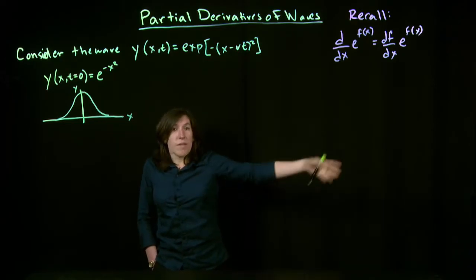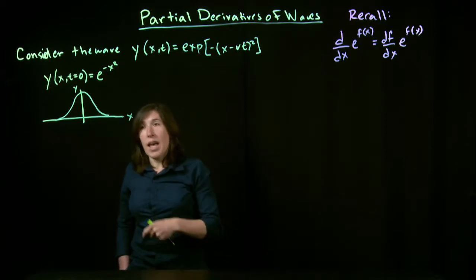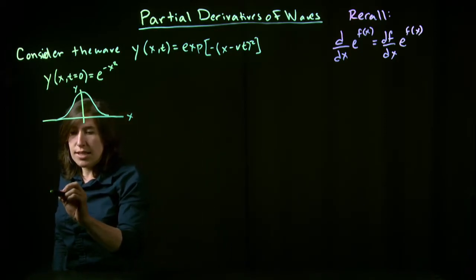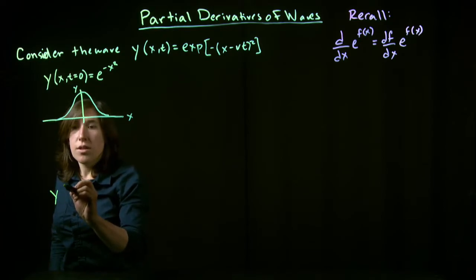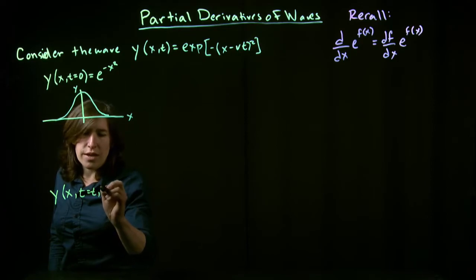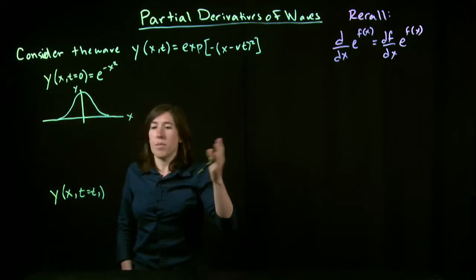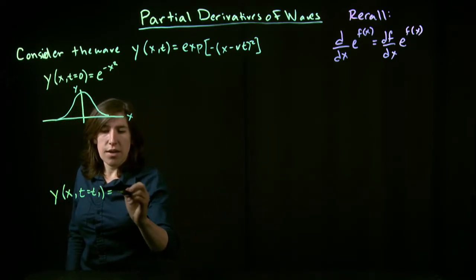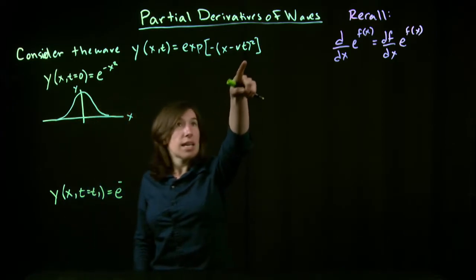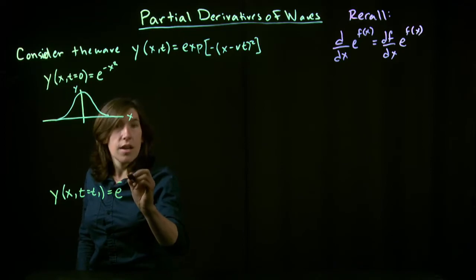And then this wave is traveling down the string, and so let's see what it would look like at some later time. So the height function of x, now let's just say t equals t1. Doesn't really matter what time it is, some later time. This is now going to be e to the negative (x minus vt1) squared, plugging in t1 for the time here.